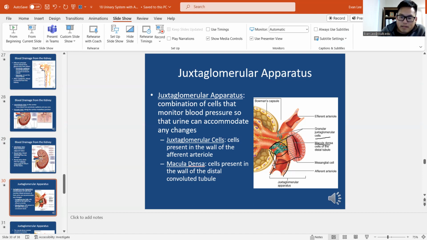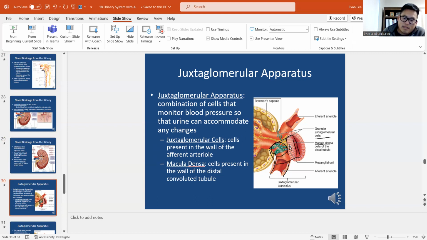So look closely. This bigger arteriole is the afferent arteriole, and inside of its wall, these are the juxtaglomerular cells. So the juxtaglomerular cells are largely localized along the walls of the afferent arteriole. But then if you look closely, there's this other tube over here. Now this is kind of weird because you'd probably expect something that's connected to the renal corpuscle, right?